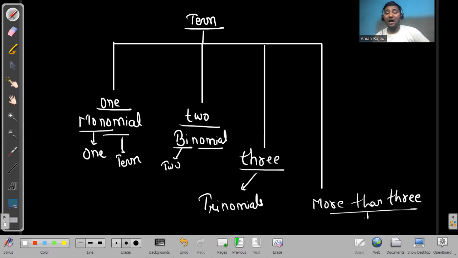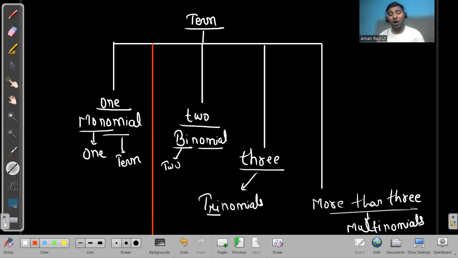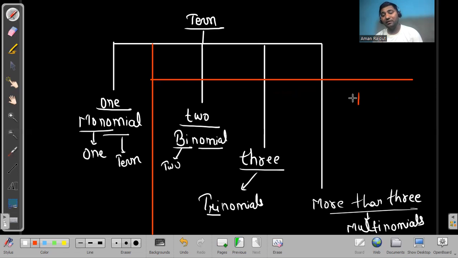More than three terms are known as multinomials; multi means more than three. But there is a concept here: two or more than two terms is known as a polynomial.